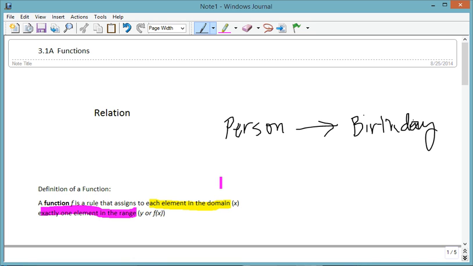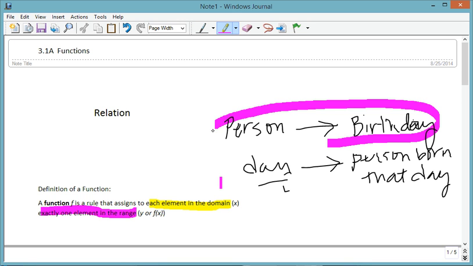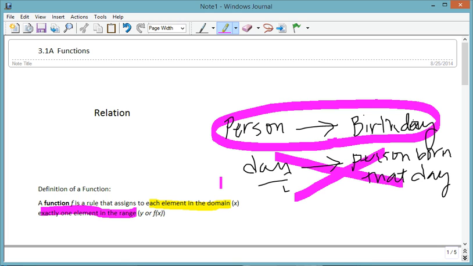If we take it the other way around and we take the day of the year and we match it up with the person born that day, for each day of the year there are many people born that day, okay? So this is a function, this is not.